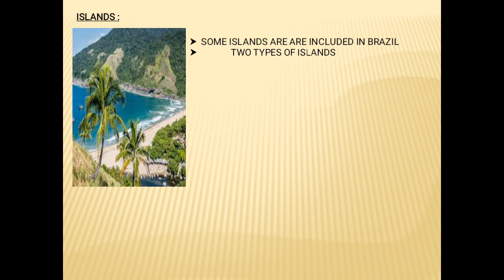Next we study about the islands. Besides the mainland, some islands are also included in Brazil. They can be classified into coastal islands and marine islands. Most of the coastal islands have formed due to deposition. Marine islands were a part of the mainland.